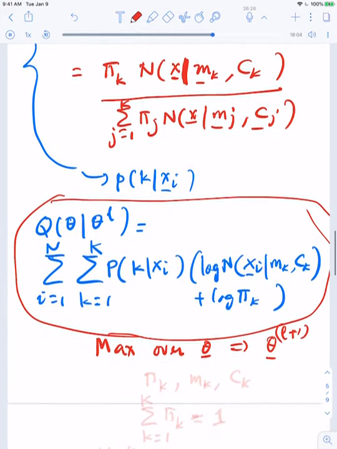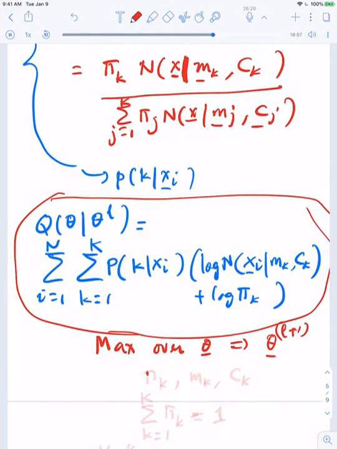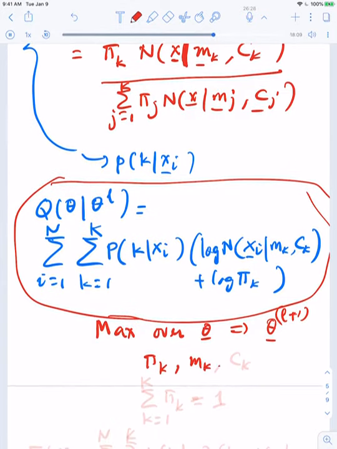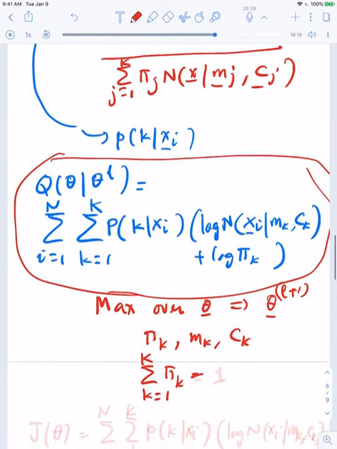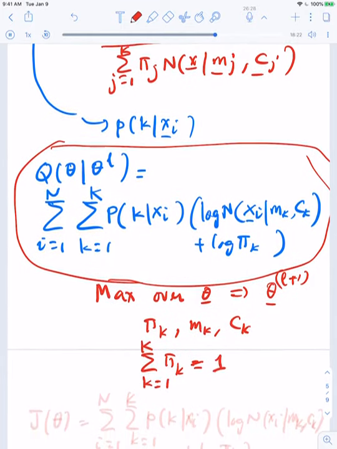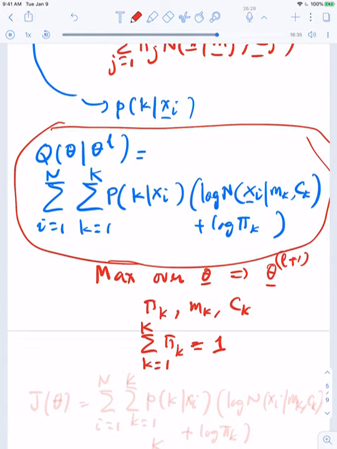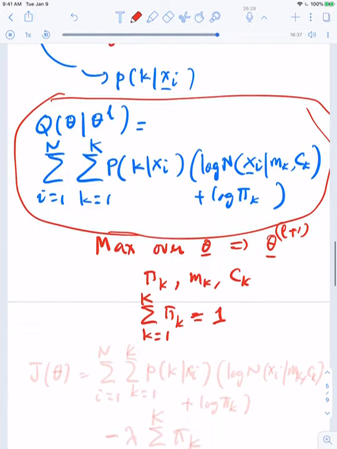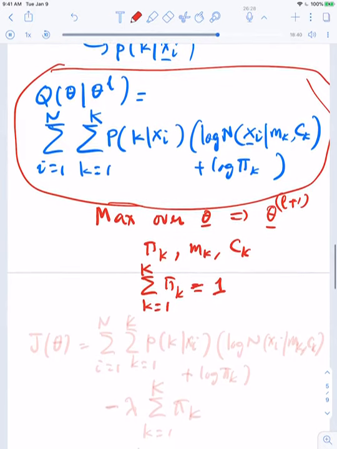Of course, maximizing over theta means I have to maximize over pi_k, m_k, and C_k. And of course, the feasible set for theta includes the constraint that these component probabilities have to sum to 1. So that's the next step. How do I optimize this? But this has started looking pretty nice. The standard thing that we do for a constraint is to introduce a Lagrangian. So let me just do that.